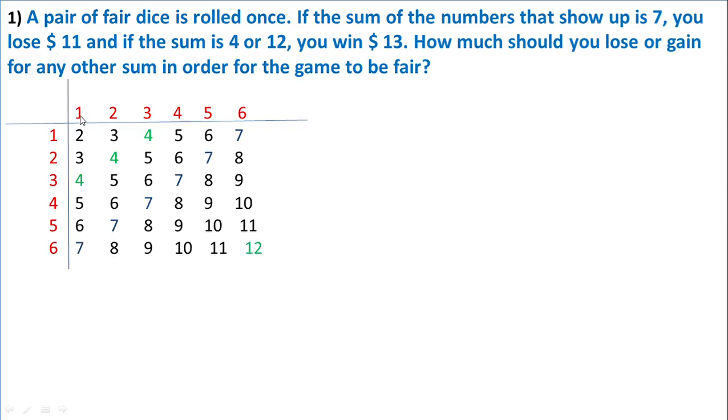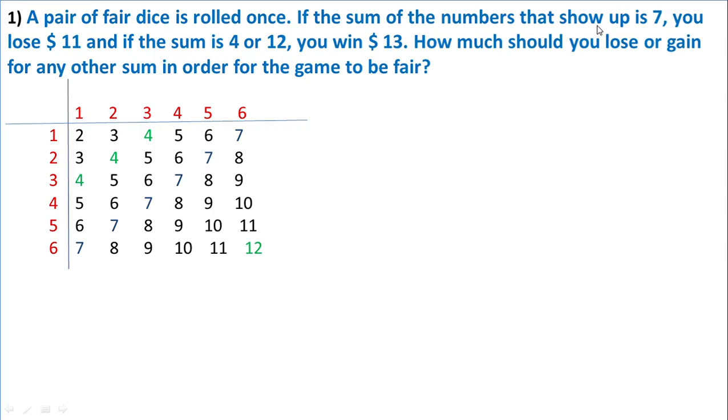sum is 2. Now, the first die is up here but horizontally, having the first face to the 6th face. Die 2 is vertical, having the first face to the 6th face. We are looking at sum.